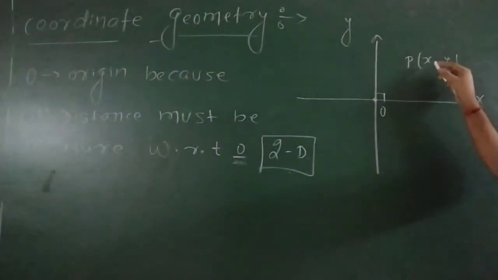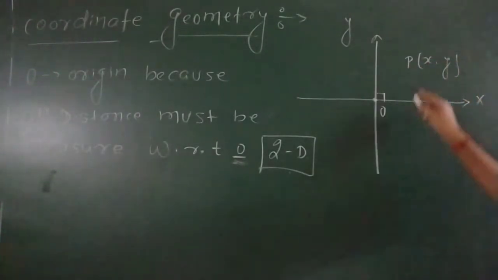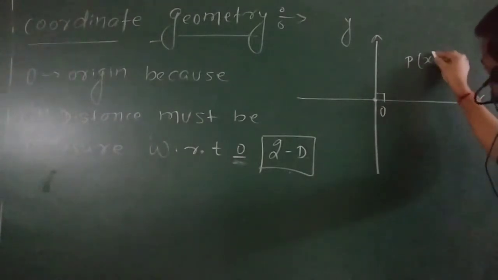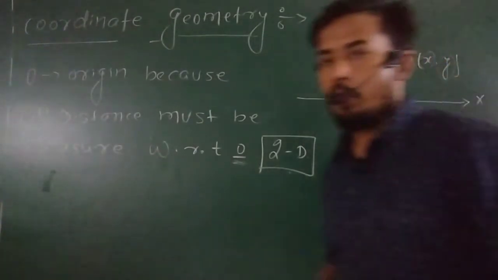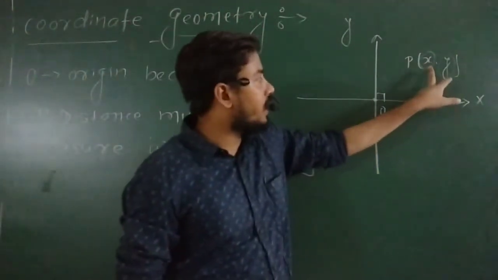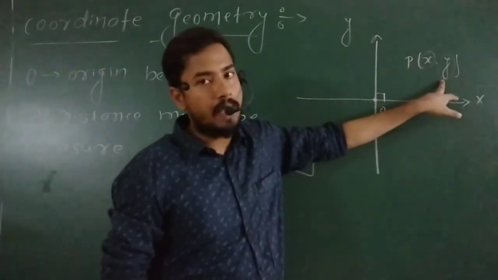Suppose we have one point P and its coordinates are represented as P(x, y). This will represent the x coordinate and this will represent the y coordinate. Getting my points? In 2D, the first numerical value is the x coordinate, the second numerical value is the y coordinate.